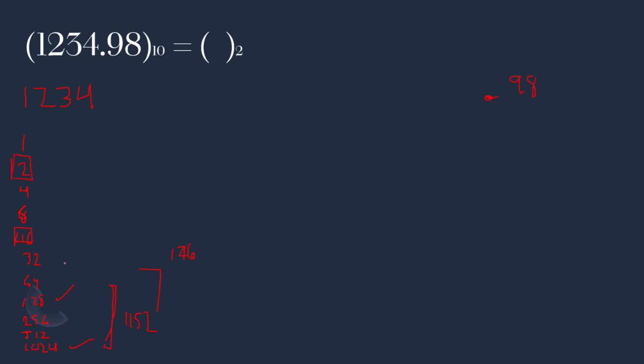So what are we looking at? We're looking at 2 to the 1 plus 2 to the 4, plus 2 to the 6, plus 2 to the 7, plus 2 to the 10.